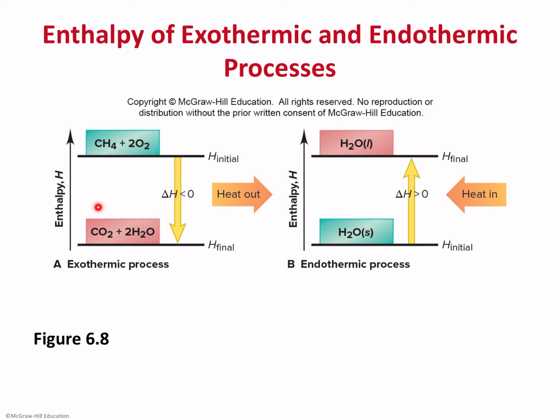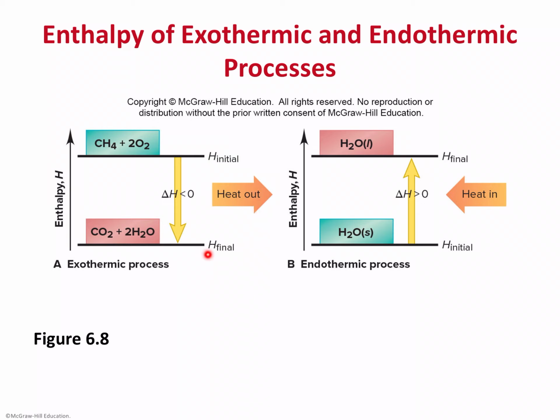Now let's say here we have a hydrocarbon, methane plus oxygen: CH4 plus 2 O2 giving us carbon dioxide and water, the combustion reaction of methane. Now when the reaction is taking place, heat is generated. If you burn a gas, it releases heat to the outside.